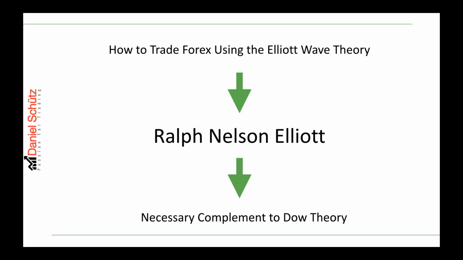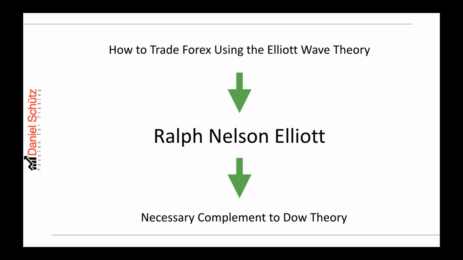Ralph Nelson Elliott lived from 1871 to 1948, and he was an accountant by profession, but that was not all. He also was a gifted guy who was interested in math, and so he tried to find a way to predict market movements in the financial markets.